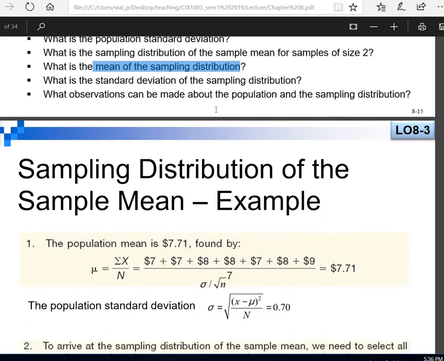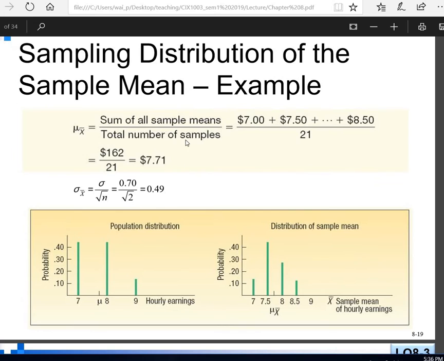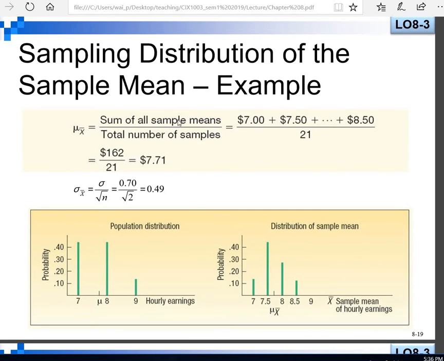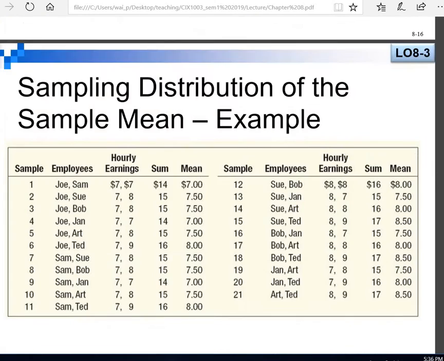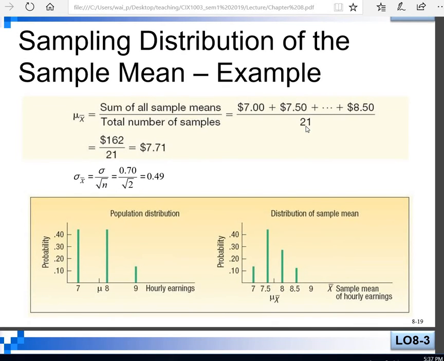So how do we calculate this? The mean for the sampling distribution equals the sum of all sample means divided by the total number of samples. So 7 plus $7.50 plus this one, 7 plus $7.50 plus $7.50 plus $7 plus $7.50, until the last one, $8.50, divided by 21.